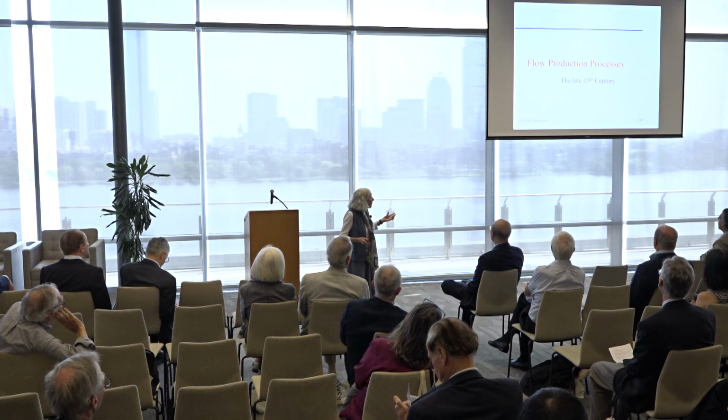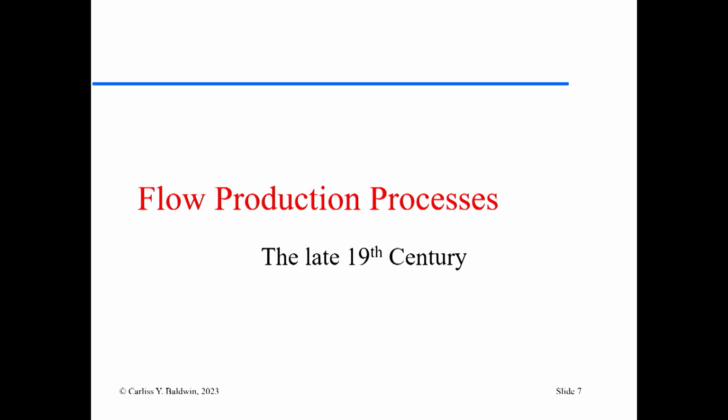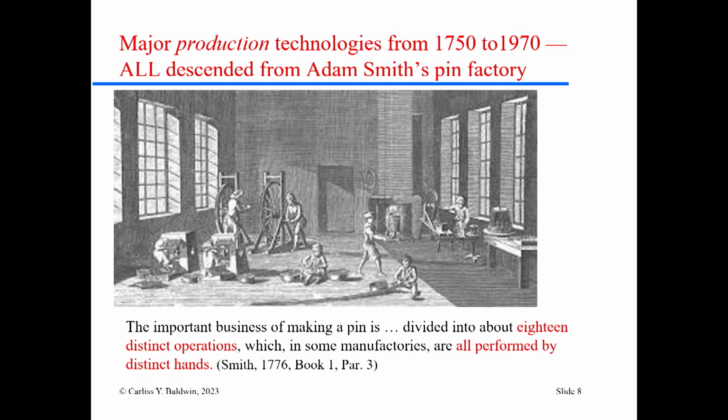So I want to start with flow production processes, and I'm going to propose a new type of option. I promised Stuart earlier today. The late 19th century, it all descends from Adam Smith's pin factory. 18 steps in a particular order carried out by 18 people equaled a lot of pins, the division of labor.